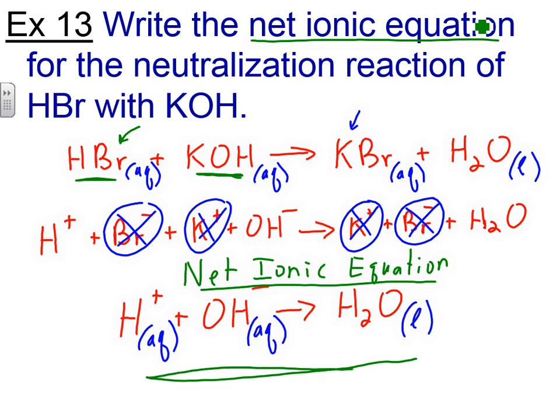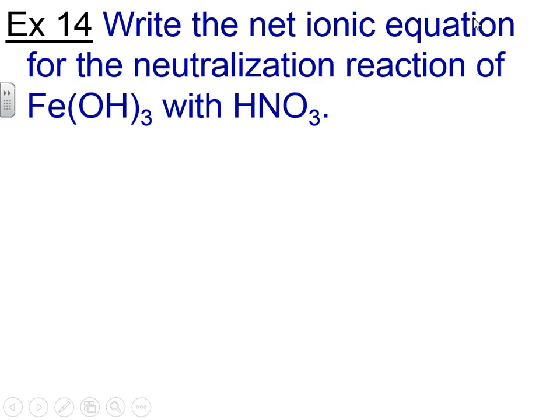Now, if one of these is not soluble, say if this was a solid, then the net ionic equation will be a little different, and we're going to do that example. So here we want to write the net ionic equation between iron hydroxide and nitric acid. Now iron hydroxide, this is the difference here. This is still the base, because all hydroxides are bases. This is our acid, obviously.